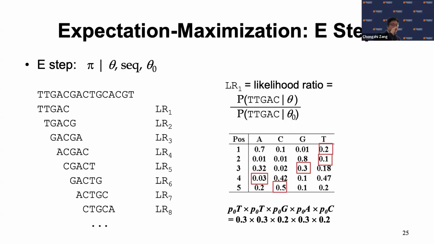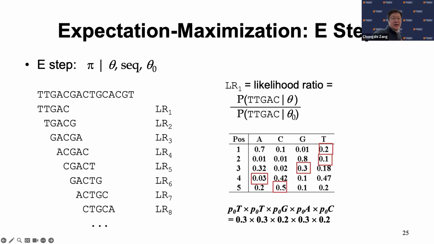This is a simplified example of an EM approach, expectation maximization. In the E step, we are calculating an expectation: given a motif, we want to calculate the likelihood.